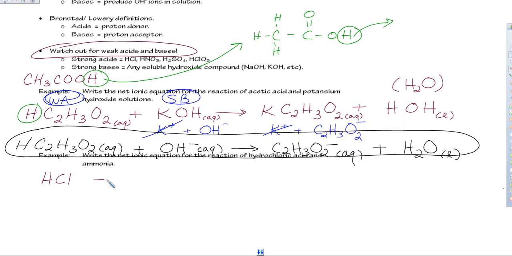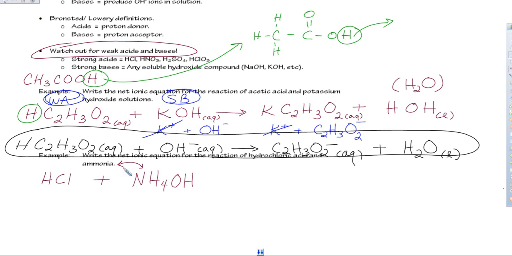Now, ammonia is actually a gas, NH3, but in solution, if we're talking about an ammonia solution, it actually exists as ammonium hydroxide. So these guys are kind of the same gig.